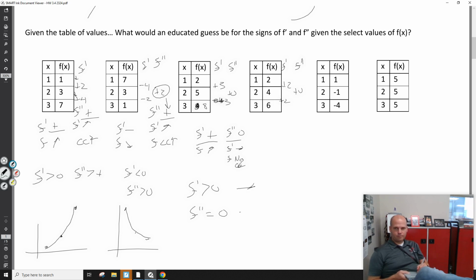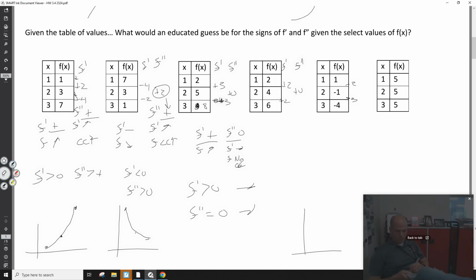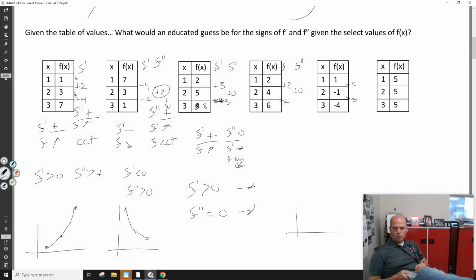Same deal here. Let's do this. I subtract 2, I subtract 3. Again, if you sketched it, maybe you were able to see 1, 1. Oh, this is probably bad. 1, 1, 2, negative 1, 3, negative 4.